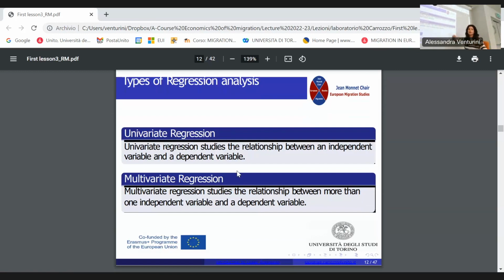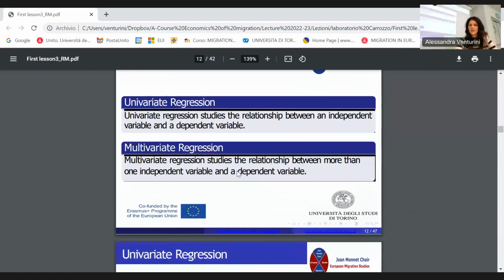The difference is one independent variable. The first case was age and height. In the second, you can have age, weight, and height. I don't know what you eat and so on.